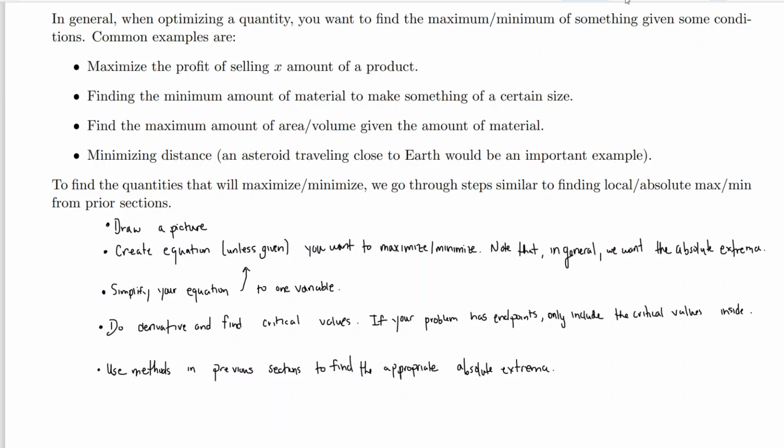In general, when you optimize something, you don't want just any maximum or minimum, you want the absolute one. Imagine in the asteroid example, we figured out all the critical values, made the sign chart of the first derivative, and we see we have two minimums.